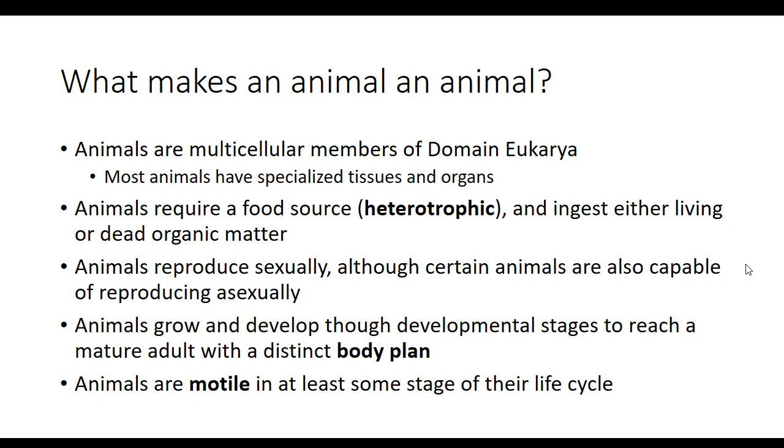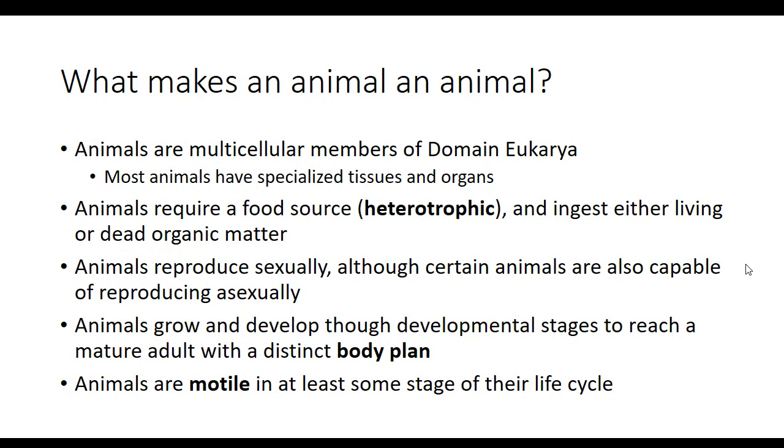Animals reproduce sexually. There are a few cases of animals that reproduce asexually. Animals grow and develop through developmental stages with distinct body plans that we'll talk about. If you go to university and major in biology, you might take a course called developmental biology.